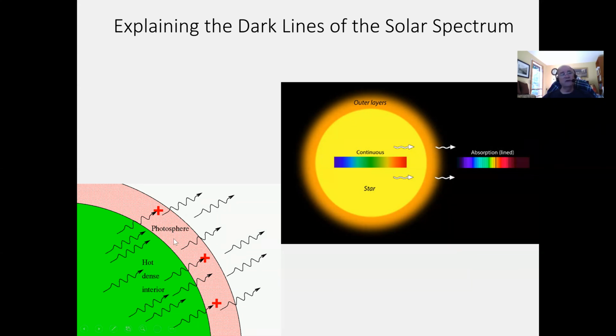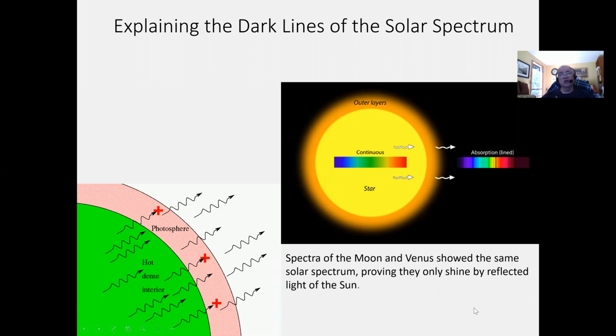This layer is called a photosphere. It's a very, very thin skin. It is actually what we see. When you see a picture of the sun, what you're looking at is the photosphere. It's a very, very thin layer, about 50 kilometers wide. And it does have the ability, depending upon what elements are in this photosphere, to absorb some of these colors in these absorption spectrum.